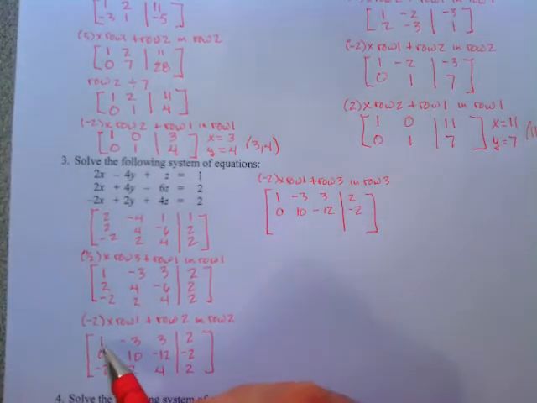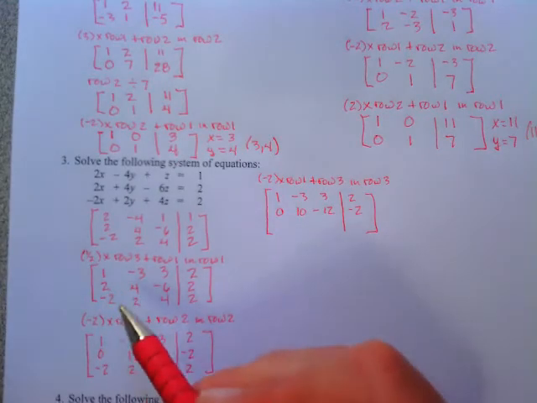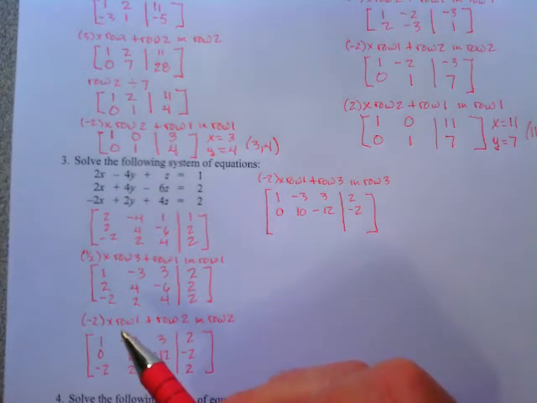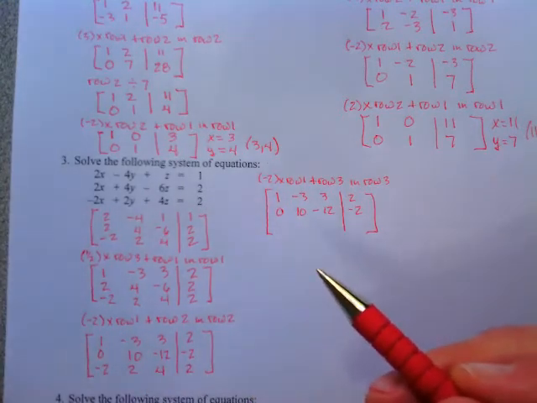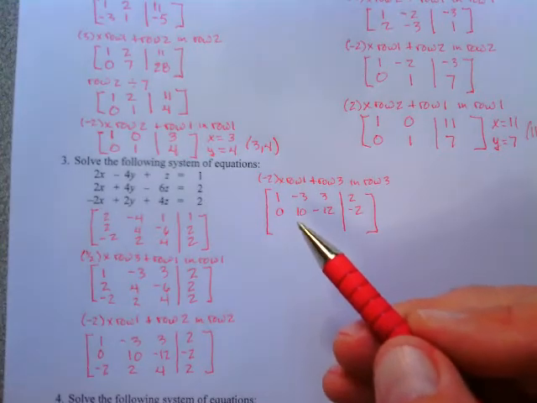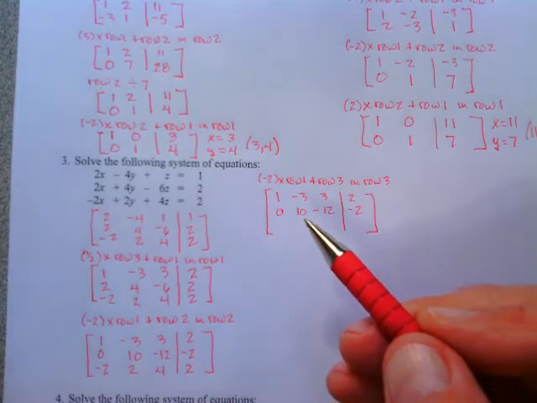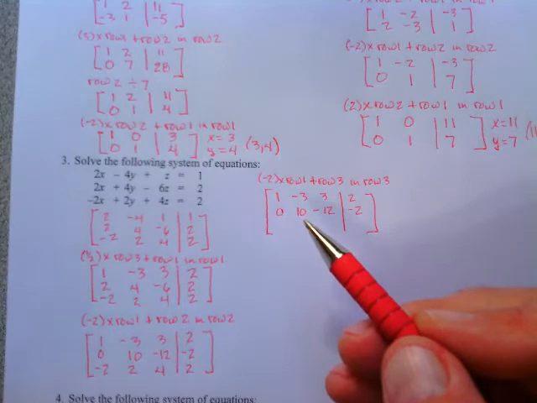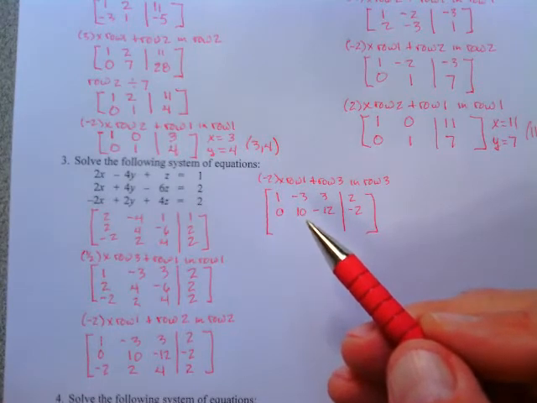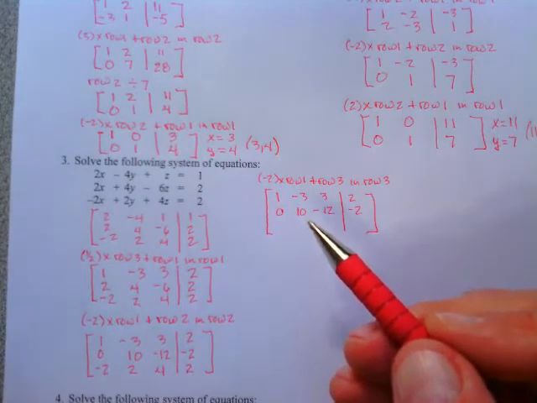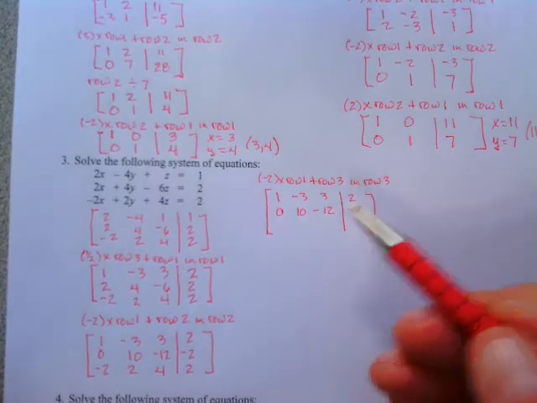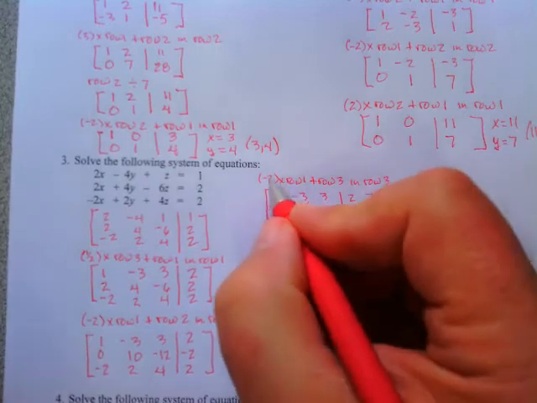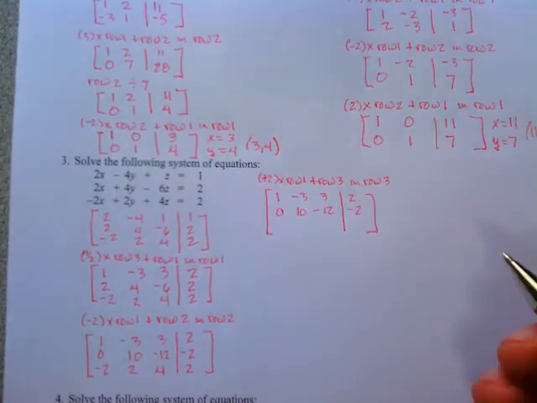So again, looking at this one, negative 2 times row 1 plus row 3. Actually, I just want a positive 2. I don't want a negative 2. I just want a positive 2.